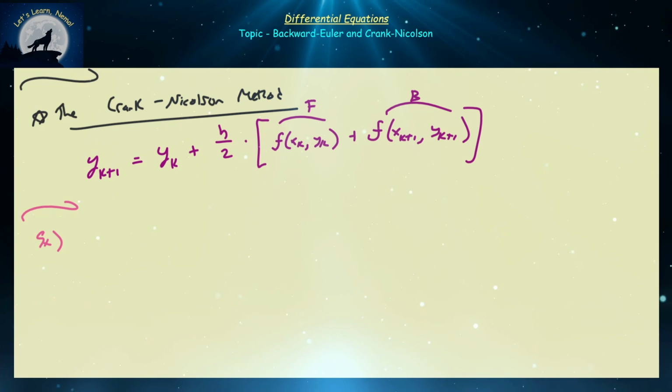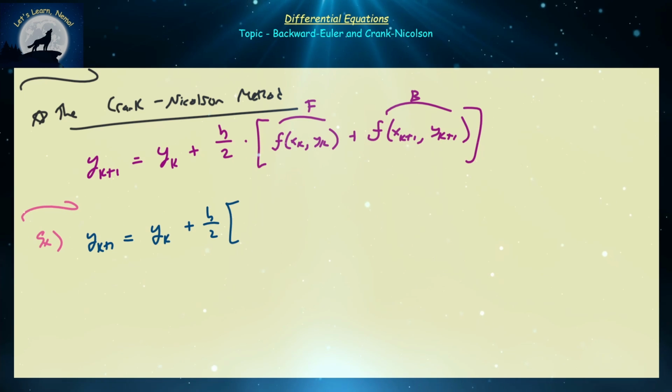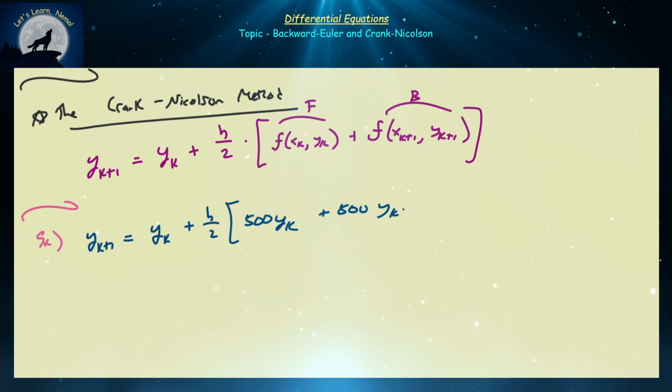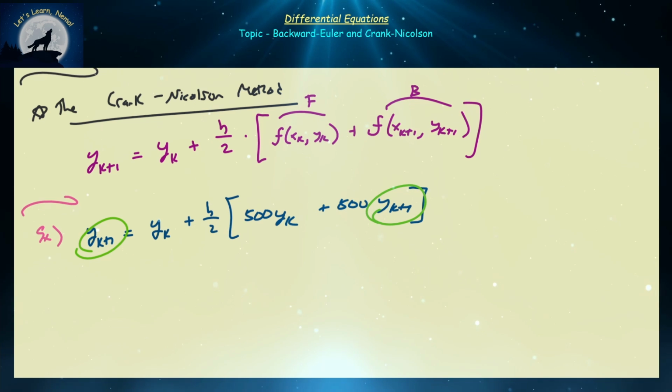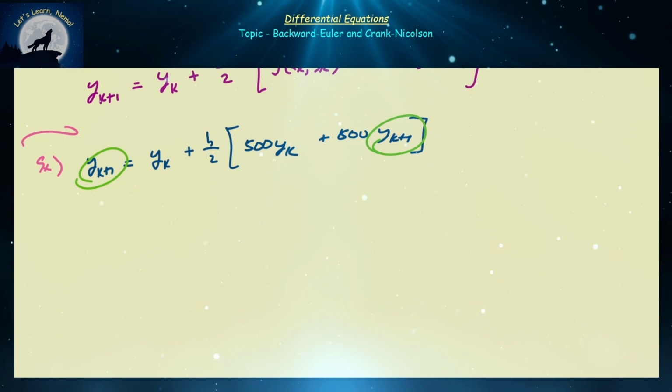Right? So if you want to explore for our particular example, how would you do that? Generally speaking, for our case, we have y_{k+1}, which will be equal to y_k plus h divided by 2. And then we're going to have 500 y_k plus 500 y_{k+1}. And then we can isolate this equation for y_{k+1} and then iterate from our initial condition. So once we do that, what are we going to have? We can distribute our 1/2 and our h, and that's going to give us a couple 250s.